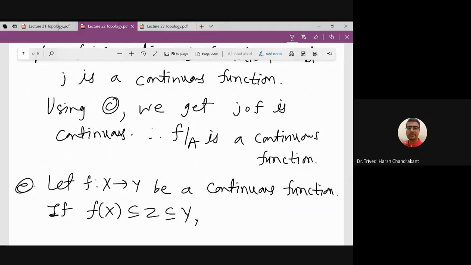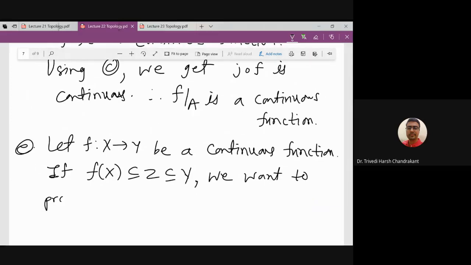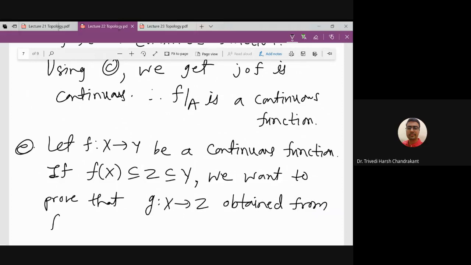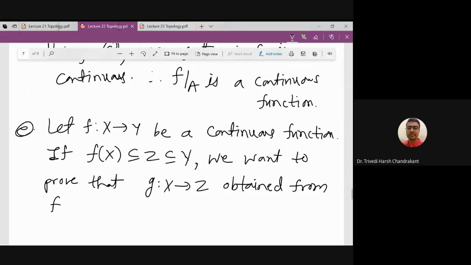We want to show that the new function g from X to Z, obtained from f by restricting the codomain from Y to Z, is continuous.